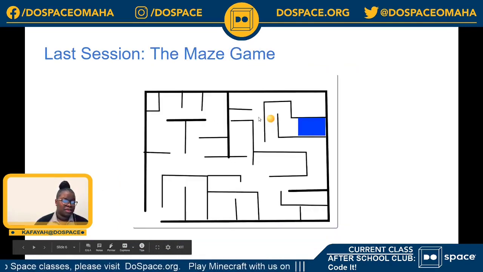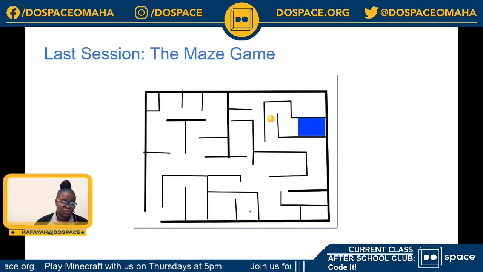Taking us to last week, in our last session, we practiced using the line tool in Scratch, and we built our maze using the line tool. This time we didn't select any of the Scratch pre-made backdrops. We created our own outline, and in this part I encouraged everyone to exercise and practice, or just be creative and build a maze of your choice. And this was what I had.